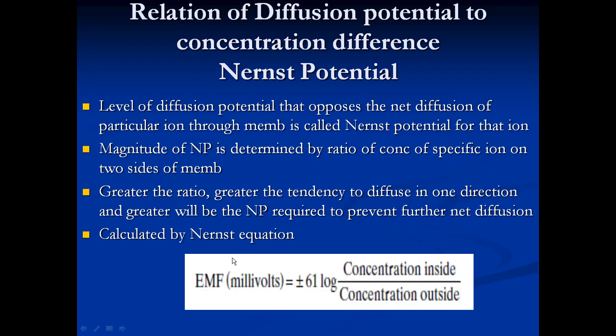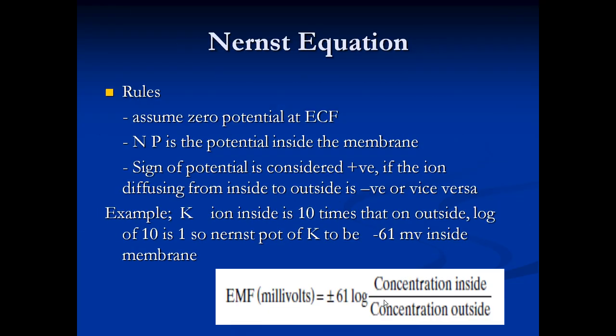Here is the Nernst equation. This Nernst equation says the electromotive force, which is denoted in millivolts, is equal to plus or minus 61 log concentration inside divided by concentration outside. There are certain rules to express the Nernst equation.